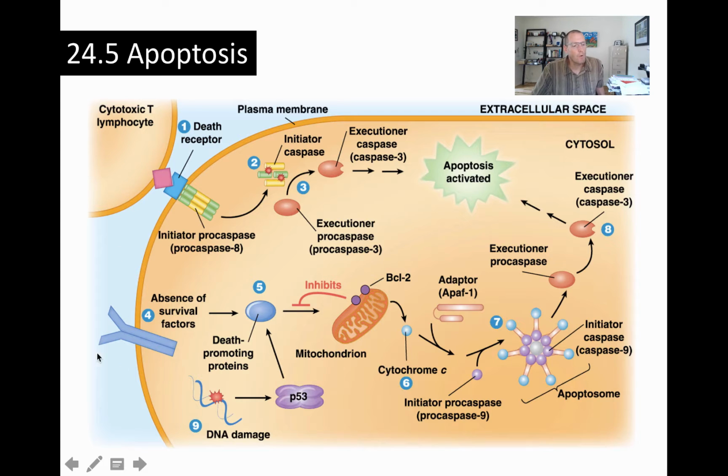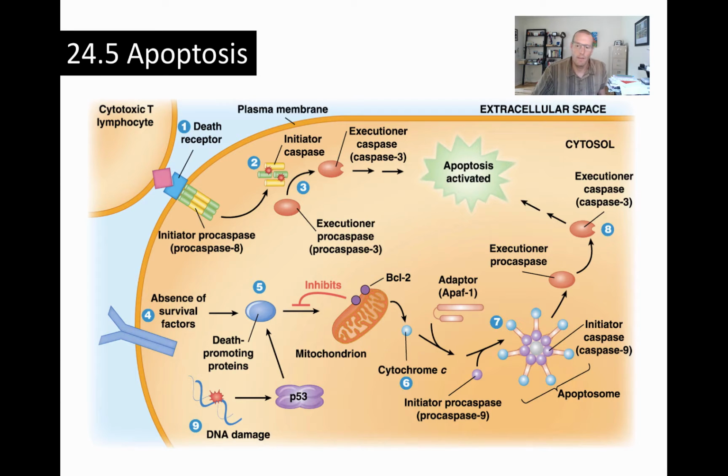And the other general mechanism involves the withdrawal of survival factors, and so a survival factor would switch off the apoptotic pathway, and so withdrawing the survival factor allows the default apoptotic pathway to be invoked. So those are the two general mechanisms.